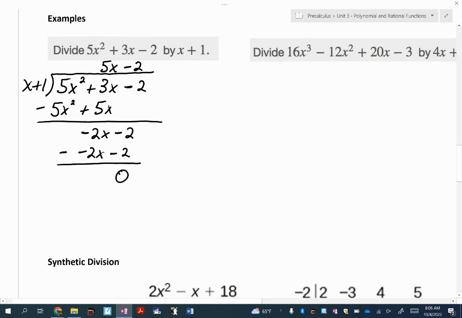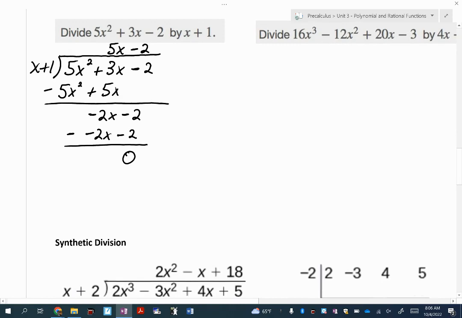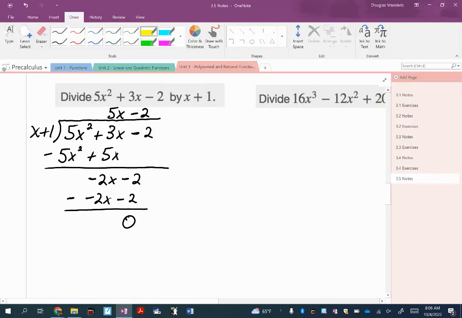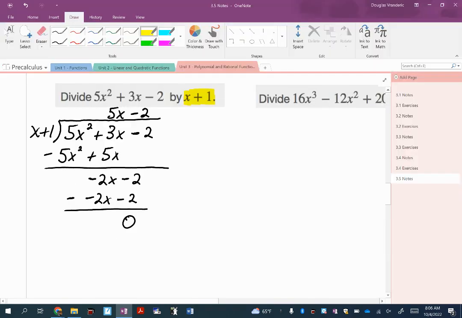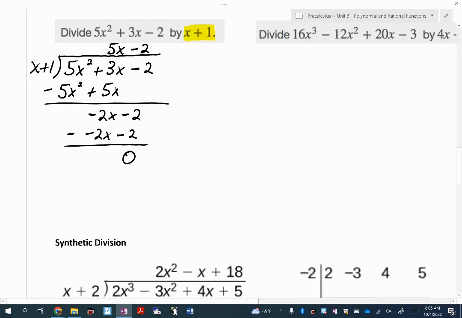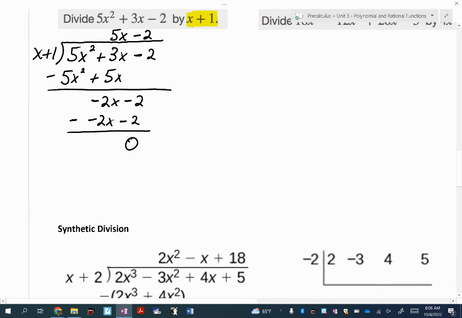So what that means is if you get a remainder of 0, it means that this x plus 1, that divisor we just used, is actually going to be a factor of this polynomial. And if you just take a moment to look at what we have, 5x squared plus 3x minus 2, if you use the slide divide bottoms up, slide this over to get x squared plus 3x minus 10.